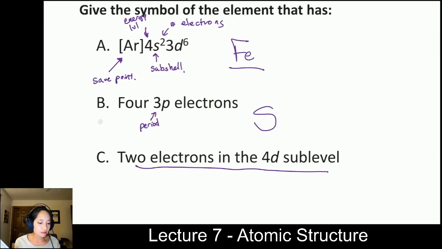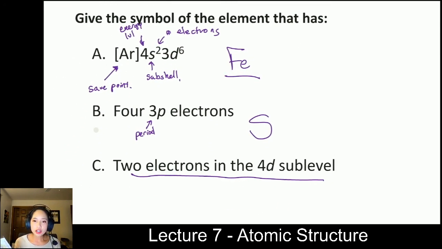And then finally, the last one has 2 electrons in the 4d sublevel. Similar to the previous question, we have to locate where the 4d elements are. I know the D block is right here. It's the transition metals. The D block starts at 3d, and then the second row of the D block is 4d. So there's our 4d starting with yttrium, and it's 2 electrons in 4d, so I'm going to count over 2.